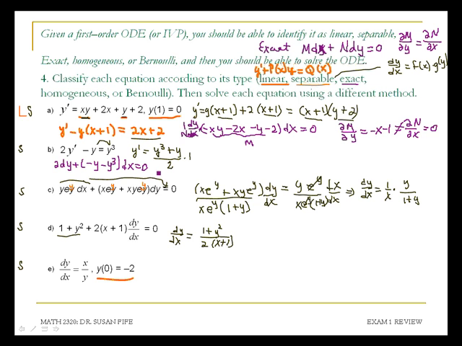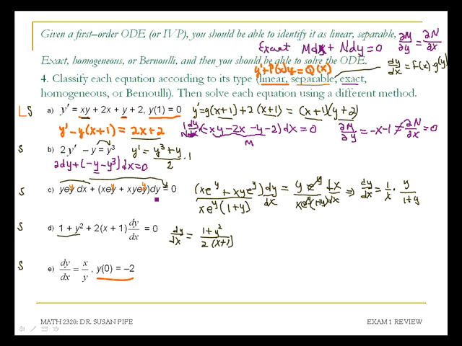And again, to test to see if this is exact, I want to test the partial derivative. This is my M, negative y minus y to the third. With respect to y, notice I'm going to get negative 1 minus 3y squared, and that's not going to be the same as my partial derivative of N with respect to x, which is 0. This is not exact.